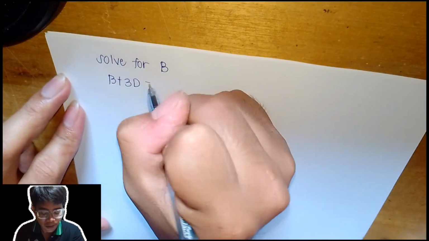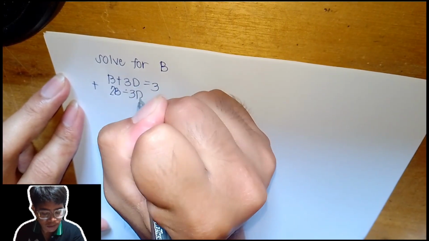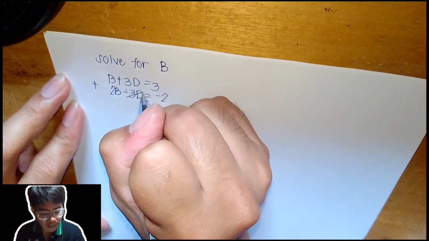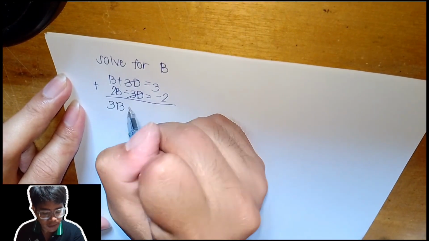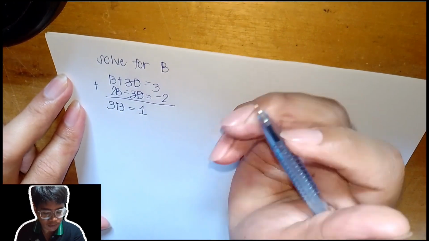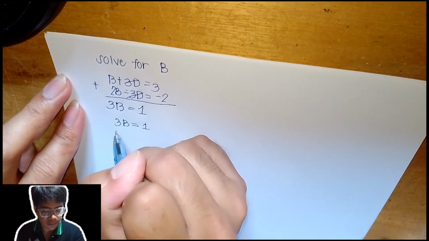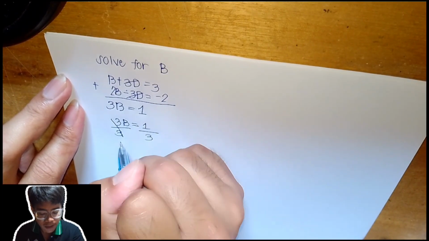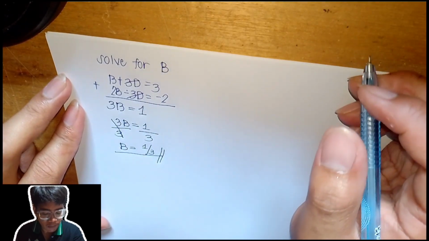Solve for the value of B. B plus 3D is equal to 3, plus 2B minus 3D is equal to negative 2. Cancel 3D on both sides. So the remaining is 3B is equal to 1. The value of B is 1/3.